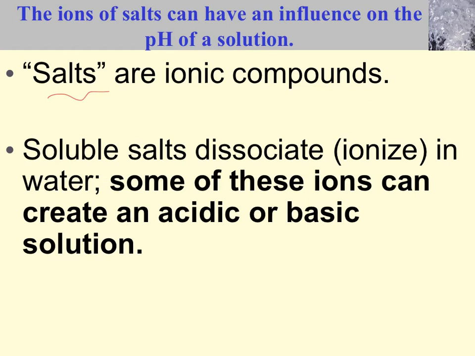And just as a reminder, when you have an ionic compound that's soluble in water, the process of dissolving is that the ionic compound dissociates, you can call it ionization also, into the cation and anion. And sometimes those cations and anions cause the solution to be acidic or basic.